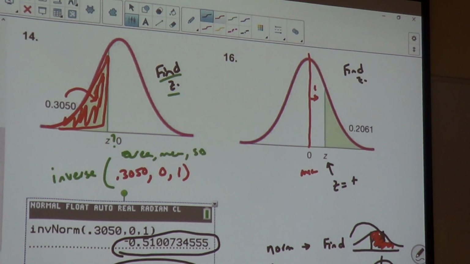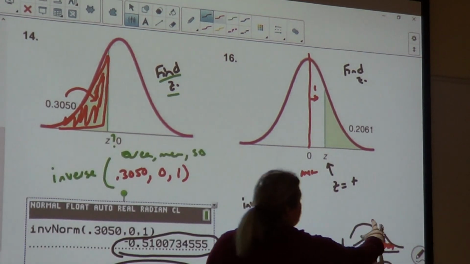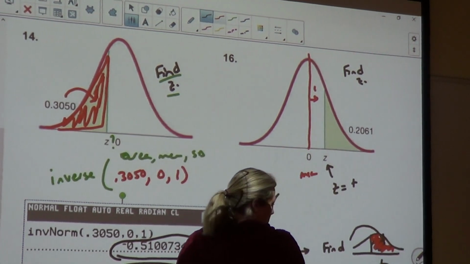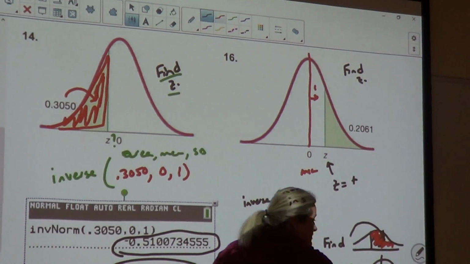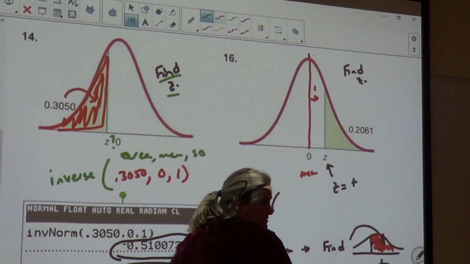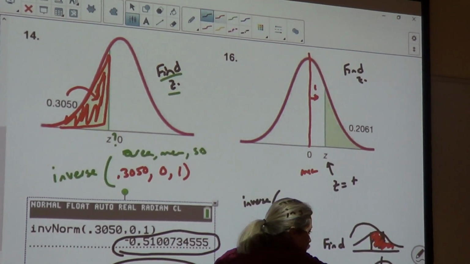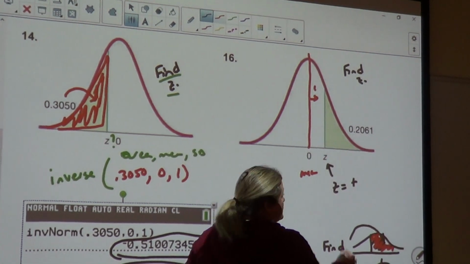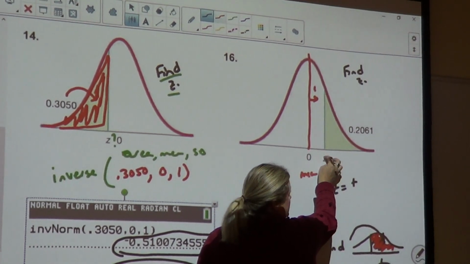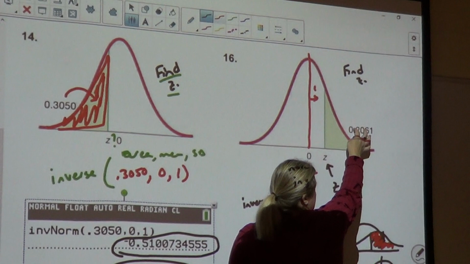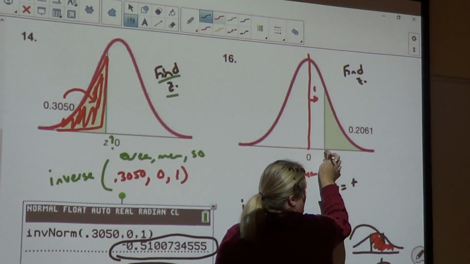We only have two options. If you're finding the guts, you do the normal. If you're finding a point, you do the inverse. Normal is guts, point is inverse. So we're finding the point, because this is the guts.